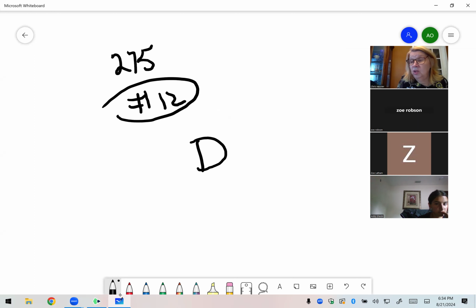Addie, was your final page about the baseball people, or do you have another page? She can't answer me. She has another page, I think. Zoe Robson, you probably don't have an extra page, do you? No. Zoe Latham, no. Okay, so I'm going to write this out for you and then we're going to do it.